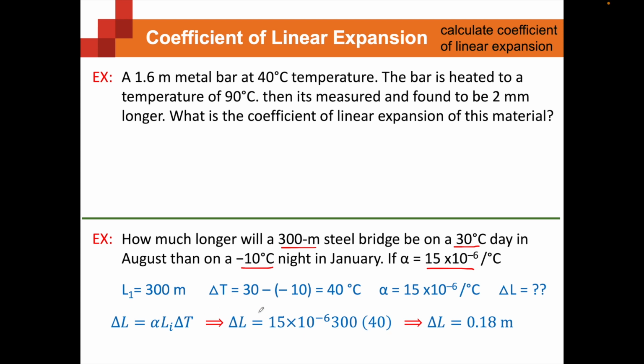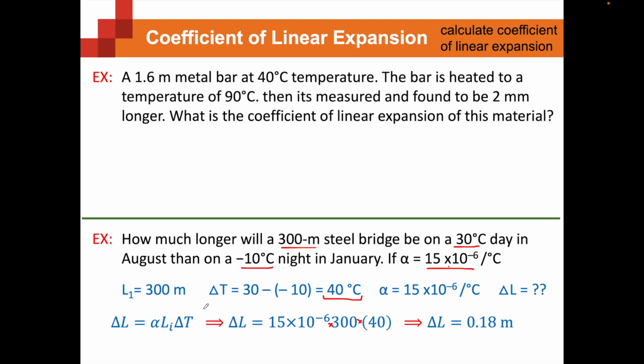So change in length equals 15 times 10 to the minus 6, which is the alpha over here, multiplied by 300, because that's the starting length, and multiplied by the change in temperature. It's 30 minus negative 10. That means the change is 40 degrees.